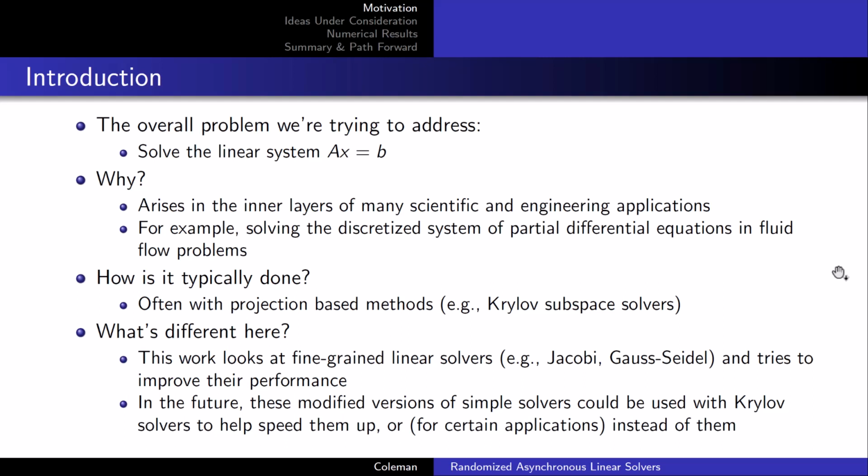So the methods themselves may be a little less efficient, but hopefully you can get such higher throughput that you kind of overcome that deficit. Although realistically in the future, we're going to look at using modified versions of these techniques in conjunction with Krylov solvers or other projection methods. So for example, as preconditioners, possibly inside of a multigrid technique.